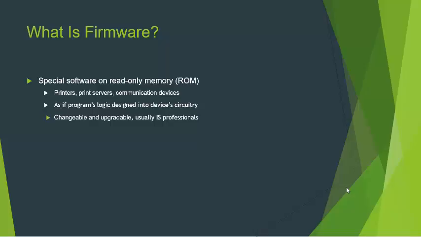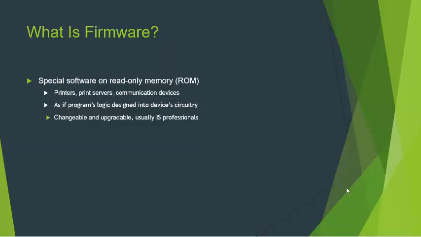Sometimes your printers, your print servers, any kind of communication devices have this. Occasionally you may need to upgrade the firmware, and they can send you software and a special program that will be able to do that. But you typically don't want to do that unless you really know what you're doing, and it's something for an IS professional to be doing.